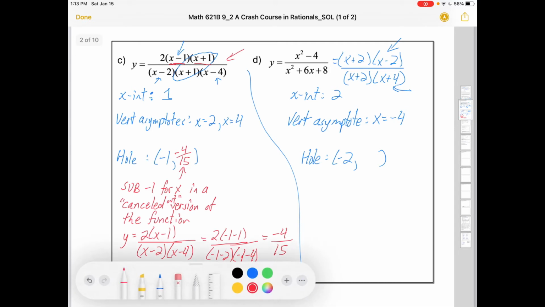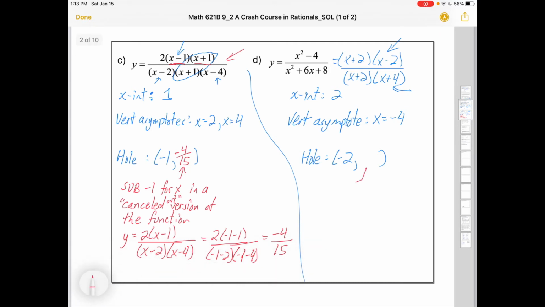If we want to find that y-coordinate over here, what we need to do is take sort of a canceled out version of the function. So the function looked like this. And if I want to sub in a negative 2, I'm going to have to get rid of my problem. I don't like to do this with the original function though, because I'm nervous that that's not exactly what the original function means.